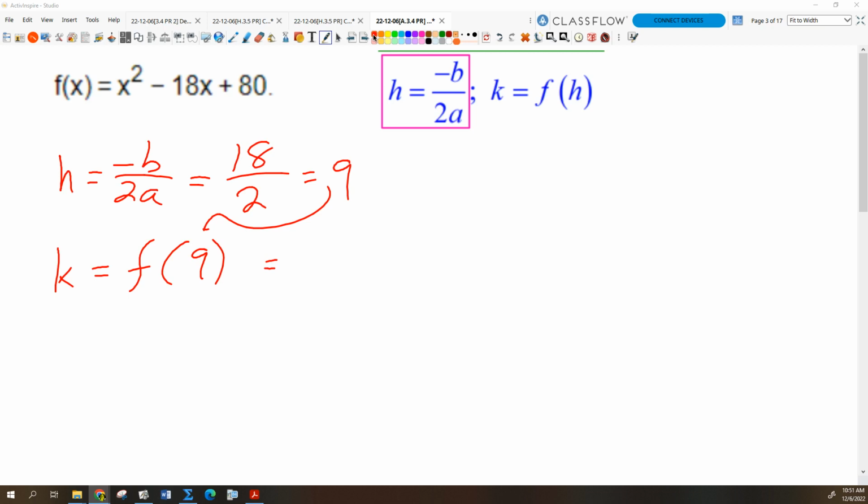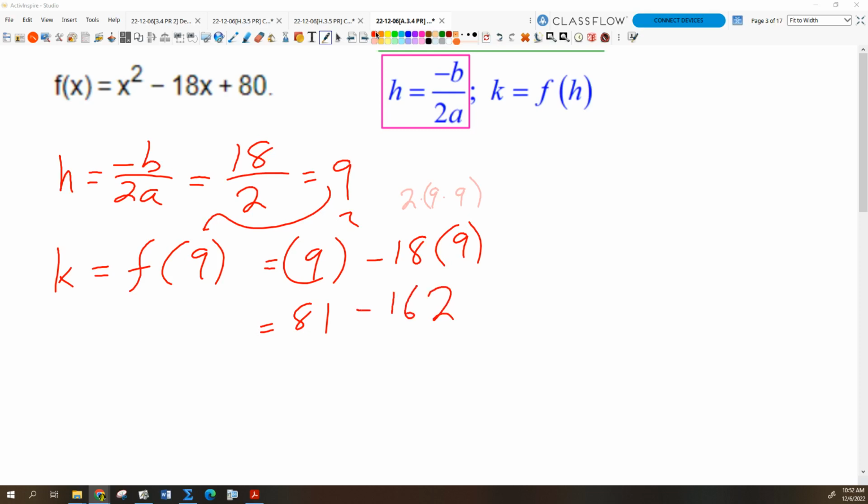81. I'm going to get 9 squared, which is 81, minus 18 times 9. So we get minus 162 plus 80. Here, why don't we take the two positive ones and add those together and then subtract 162? 81 plus 80 is 161, right?